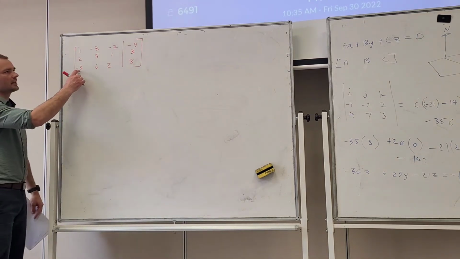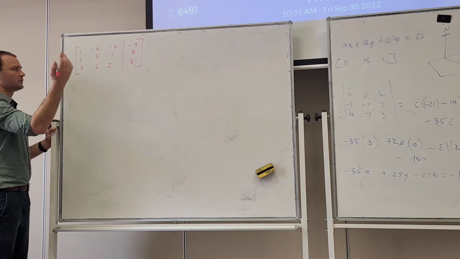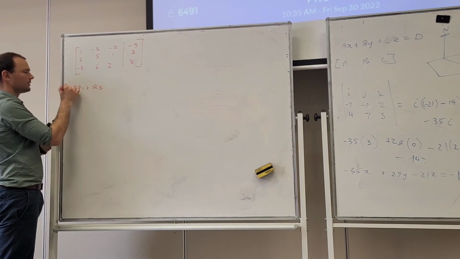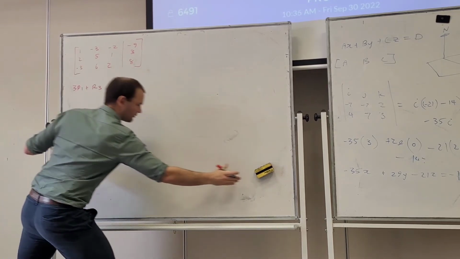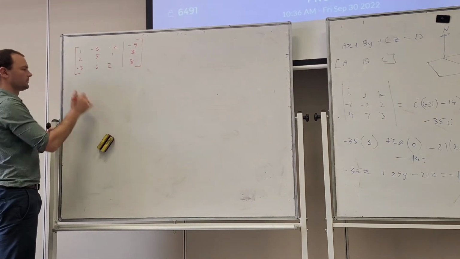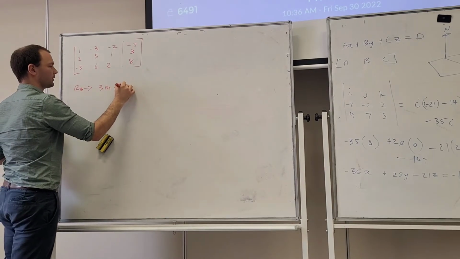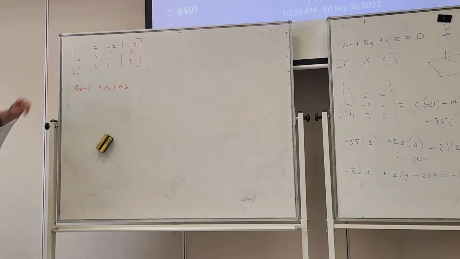Firstly, let's try to get a 0 here. So if we do something like 3 lots of row 1 plus row 3. Sorry, how do we write that? We're going to write replace row 3 with 3 lots of row 1 plus row 3. Alright, that's going to give us 3 plus minus 3.